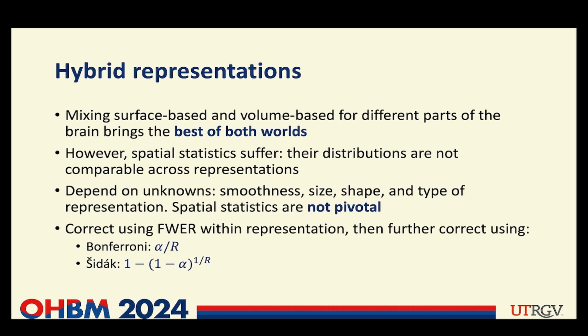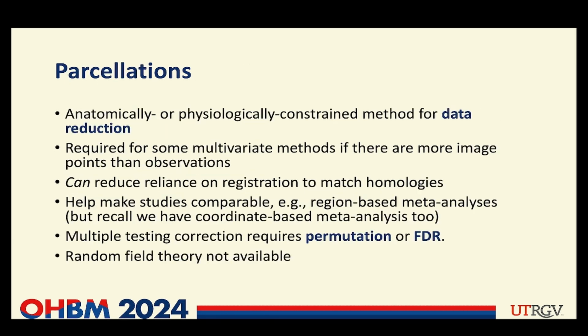So let's say you have two hemispheres, left and right, and you have the subcortical structures. You only have 3. So you still do the family-wise error rate correction of each of those 3 parts, left and right hemispheres and the subcortical volumes, but you do a Bonferroni considering that you have 3. And like I say, that's the only way as of today.